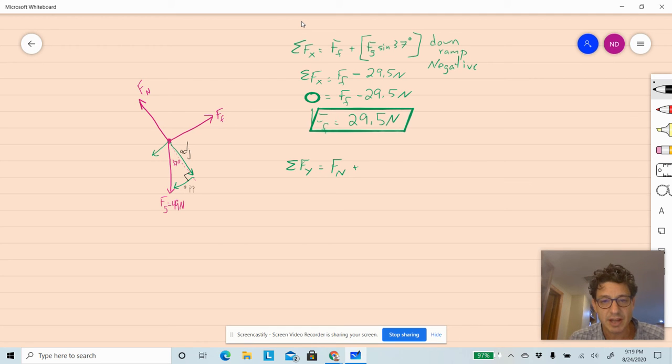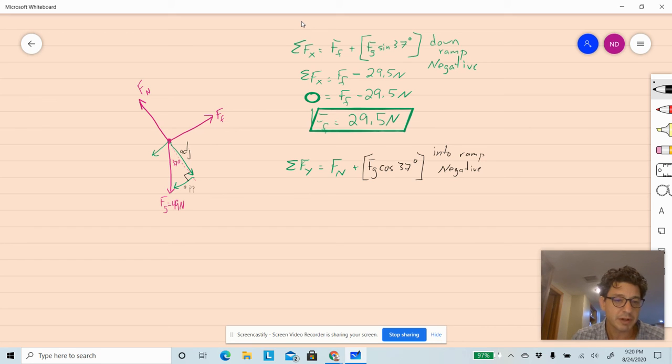The adjacent side is going to be the weight multiplied by the cosine of 37 degrees. And again, we'll call it into the ramp as negative. This is going to be positive, out of the ramp. Into the ramp, we'll call this negative.